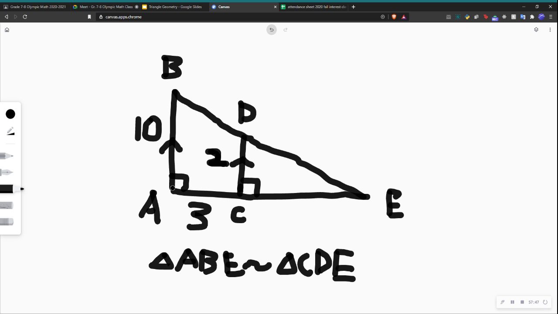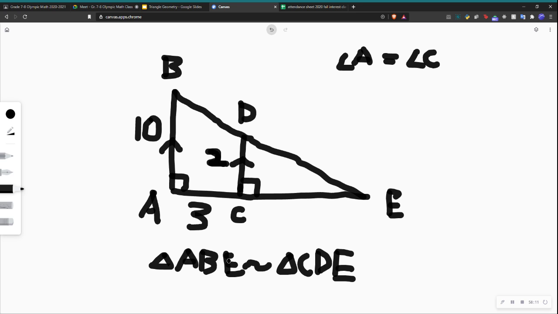We know that both of these are right angle triangles. They both have the right angle. This one has it at A, this one has it at C. So we'll draw that out. Angle A, well, BAE, I'll just put angle A. Angle A is equal to angle C because they're both right angles.